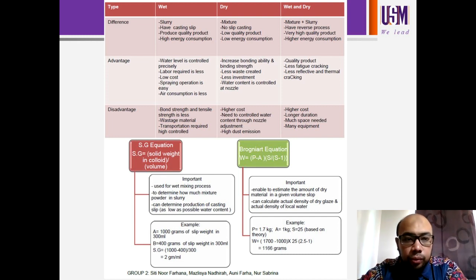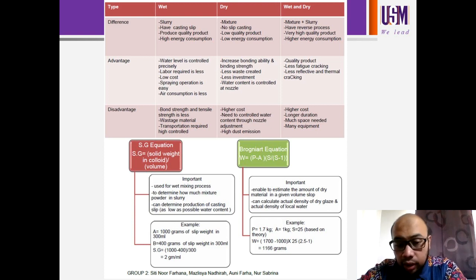Why do I ask you to do this? Again, as I repeated in the previous slide, we can combine this equation with other kinds of equations, and normally the question asked in the final exam is not so difficult in comparison with other calculations in ceramics processing, because the SG equation and the Brogniart equation are commonly used in industries.